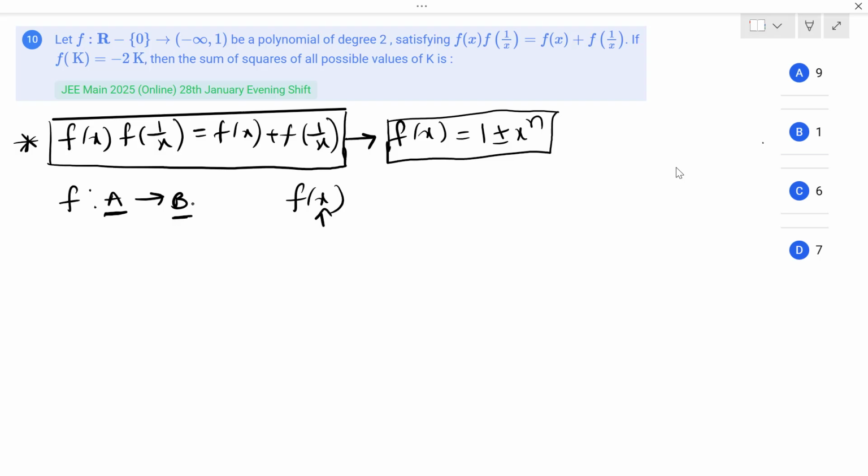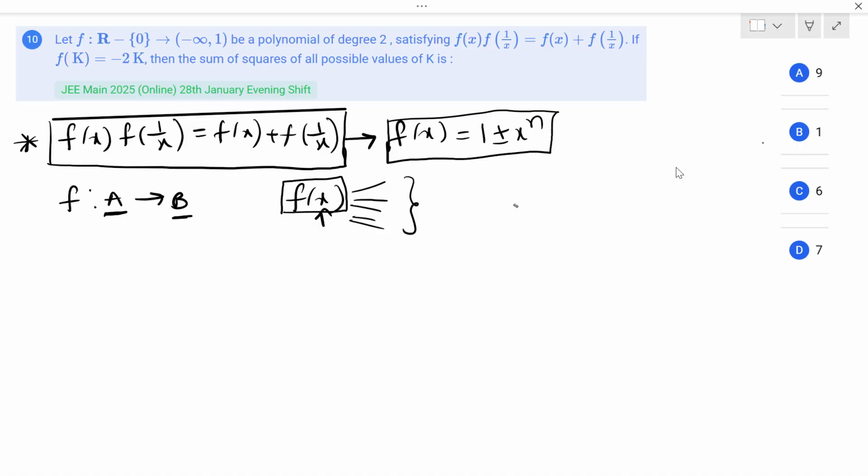Next, what is codomain? Whenever you go on putting different values of x, f of x will produce different values. So collect all those values. The collection of all those values is called range.